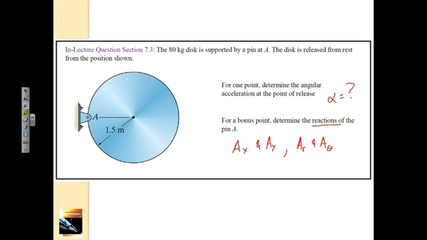So a of g sub x, the acceleration in the radial direction, is minus omega squared r. A of g in the y direction, that's my theta direction. This is alpha r. This thing's released from rest. It's initially accelerating, but it has no initial velocity, so that term goes to 0. Ax is 0.